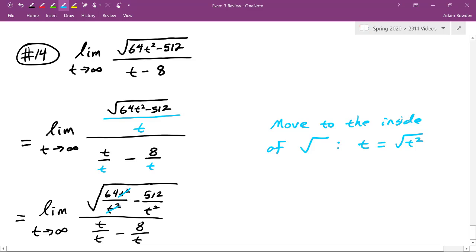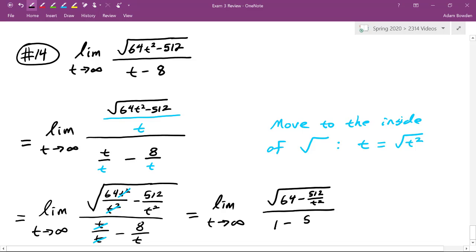Simplifications will now happen because we can simplify some of these factors of t. So we're going to have the limit as t approaches infinity of the square root of 64 minus 512 divided by t squared, all over 1 minus 8 over t.